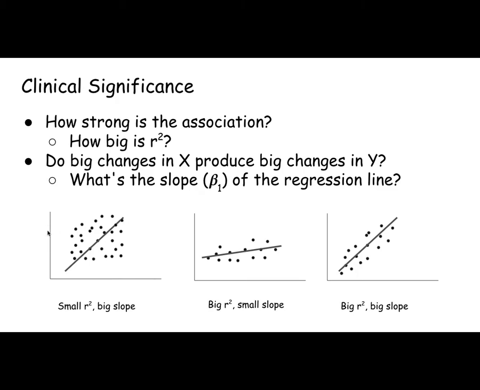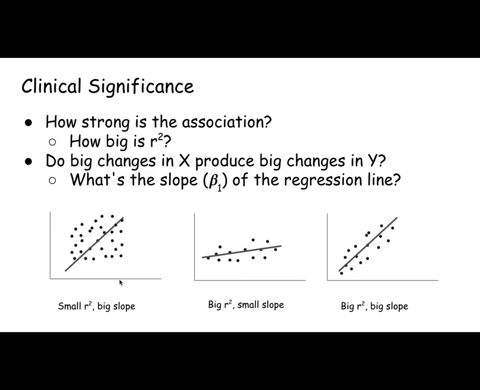So the number of people that are likely to wind up back in prison. And your X value is your intervention. So amount of time spent in a halfway house receiving counseling before going back out into the community.